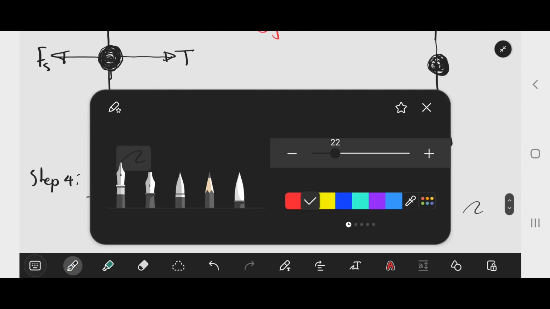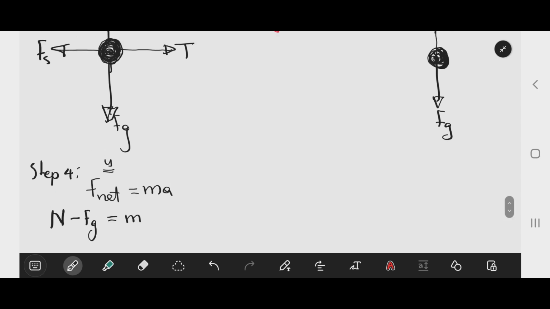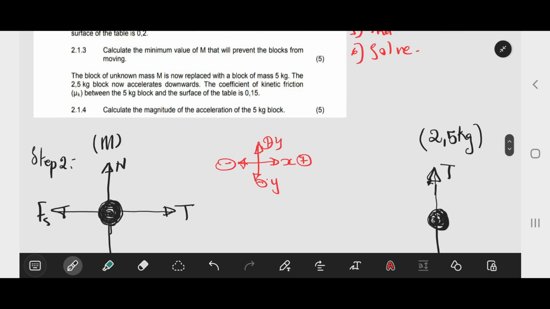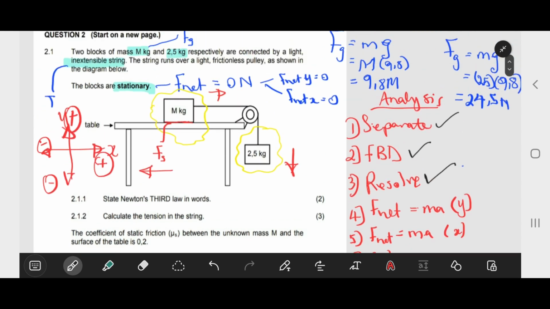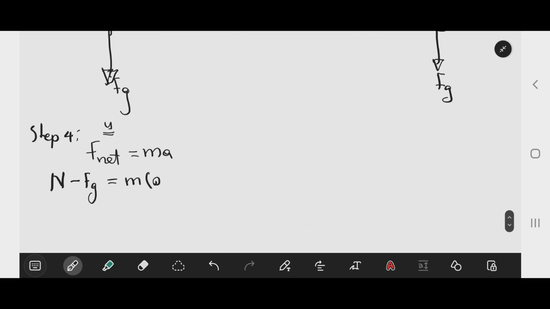So the net force in the y direction for this object is the normal force, which is positive, minus Fg, which is negative, equals the mass of the object times the acceleration. But in the y direction this object is stationary. It is not accelerating in the y direction, so the acceleration in the y direction is equal to 0.